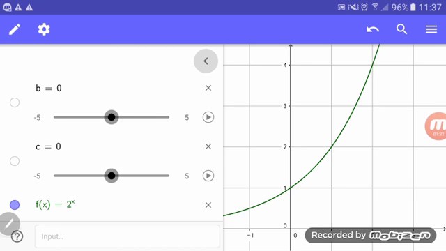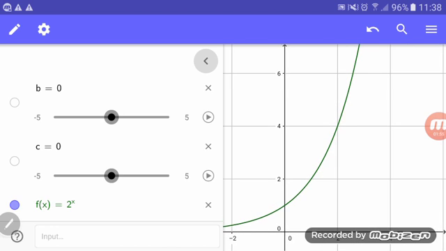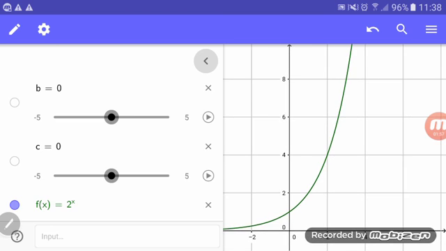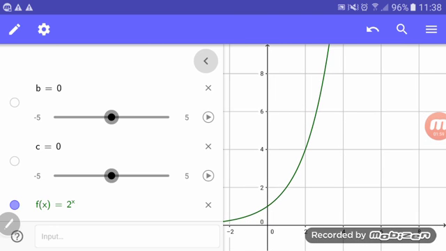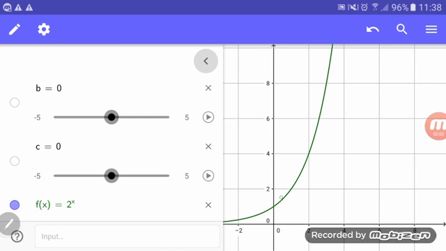It's like saying your base number divided by itself, 1 divided by 1 or 2 divided by 2. Any number divided by itself is going to equal 1. So that is why on our base equation, it will be passing through the y-axis at 1. As you can see, it grows very rapidly.